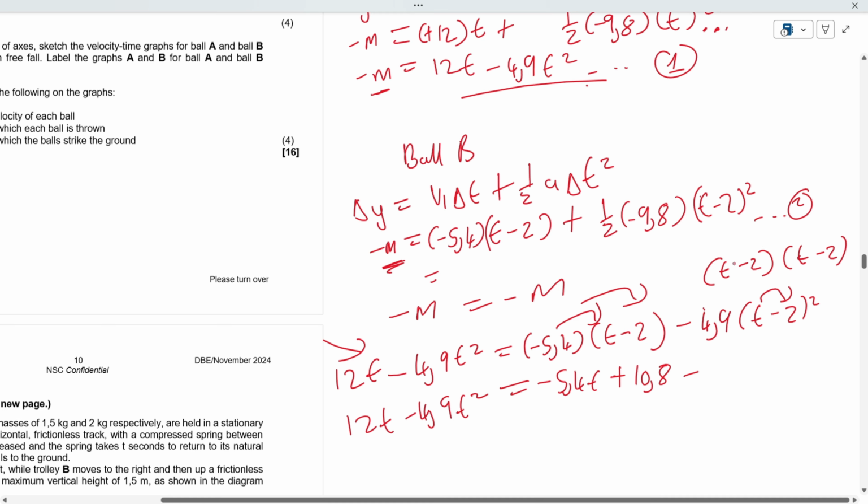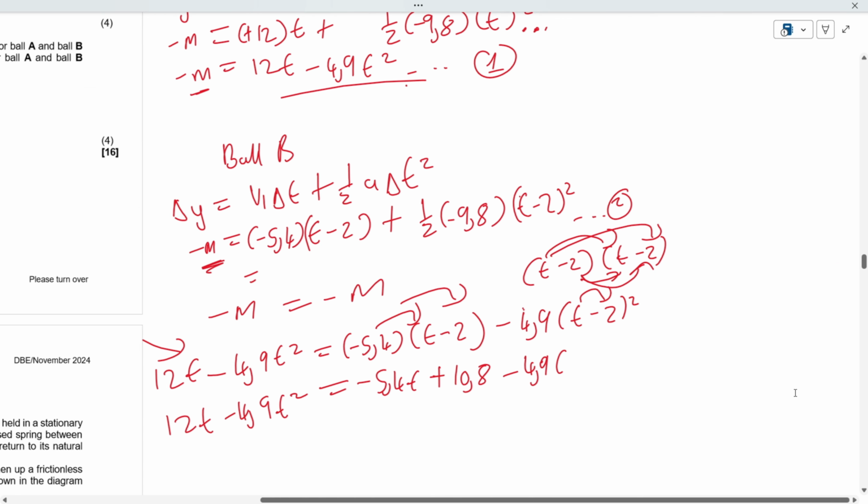So this is how we're going to do it. This holds this, then this holds this, and this holds this. So now let's solve, and we say 4.9, and now we come and do it like this.